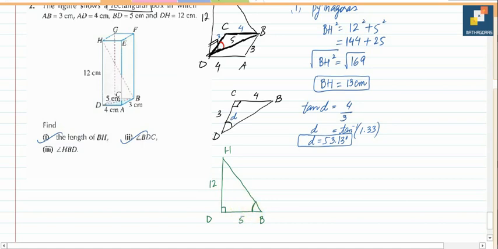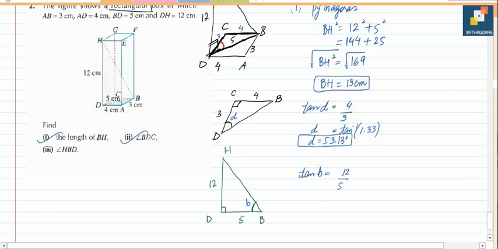Again I will say the same thing. When you sketch the figure, now you can easily solve it. Let's suppose this angle is B. So tan B is equals to 12 divided by 5.